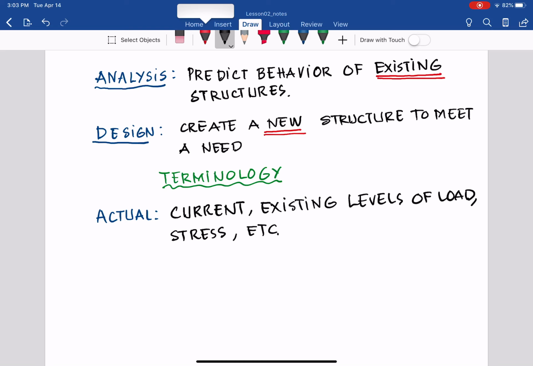Also, the people walking across that bridge, all of that is the actual load or stress on that structure, called actual.